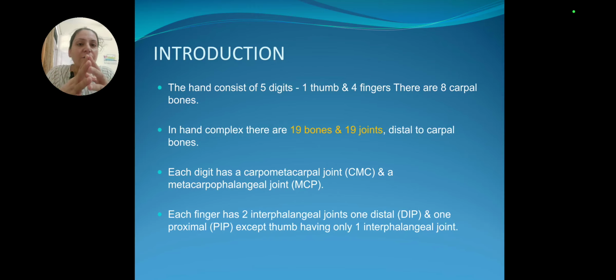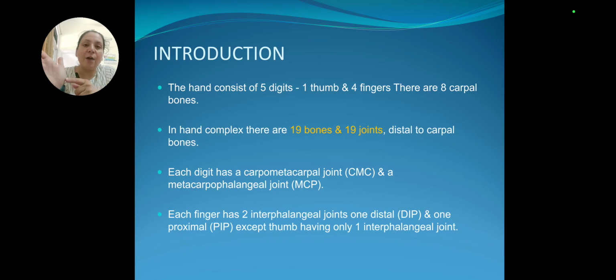Now before we start with the wrist complex, let us see what structures are there in the wrist and hand. The wrist and hand, we all understand, have 5 digits, 1 thumb and 4 fingers, and 8 carpal bones, the proximal and the distal rows having 4 carpals each. There are 19 bones and 19 joints distal to the carpals.